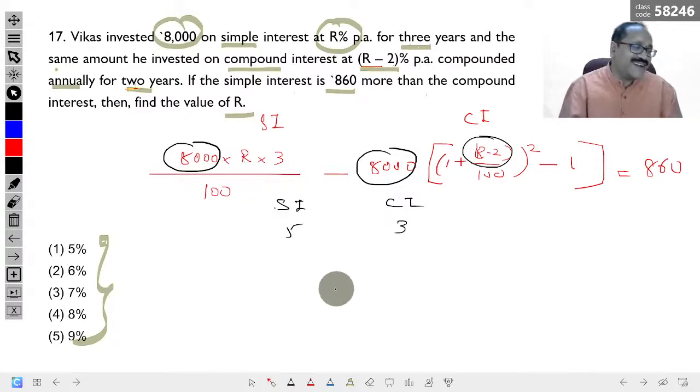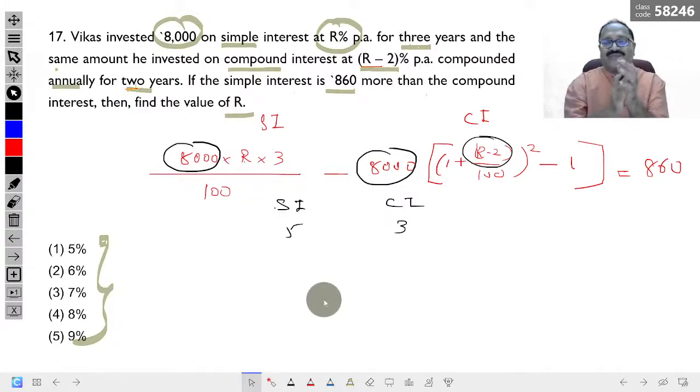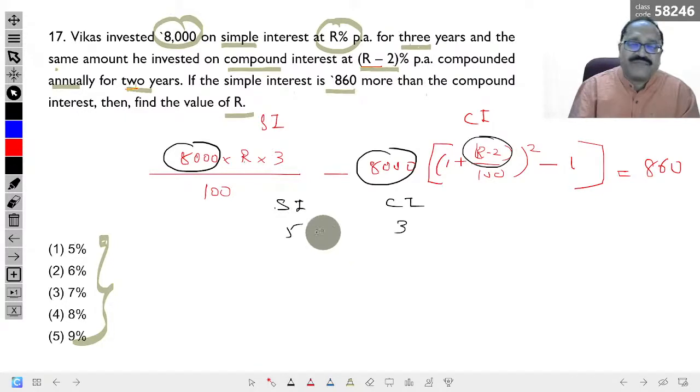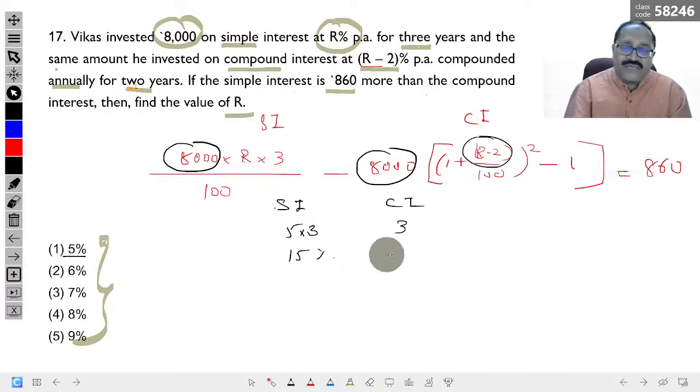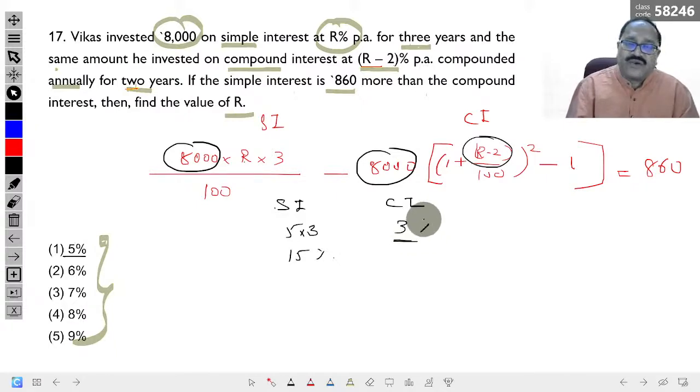Hit and try. That's good. So check with the option. Here it is 3 years. So the first one, simple interest is for 3 years. So you will be getting 15% here. And in case of compound interest, for this one is how much? 3% compound interest.